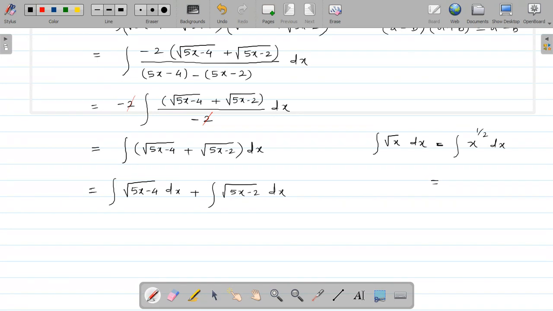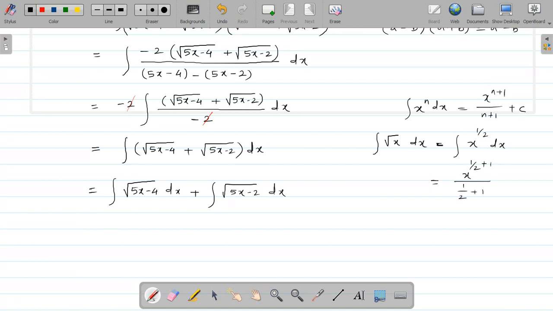It will be by the integration of x raised to n. Here x raised to 1 by 2, so it will be x raised to 1 by 2 plus 1 upon 1 by 2 plus 1. By this rule, integration of x raised to n dx is equal to x raised to n plus 1 upon n plus 1 plus constant.